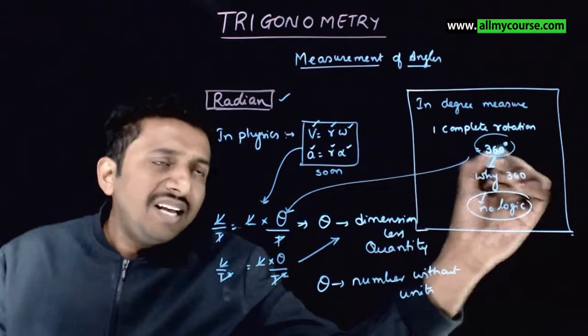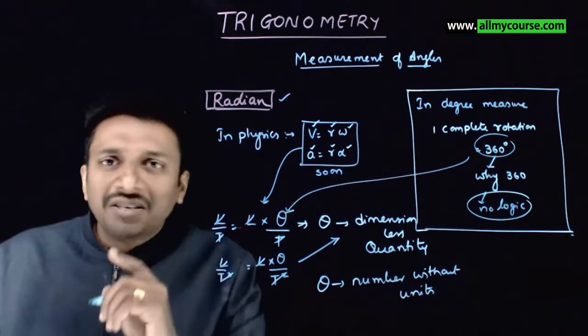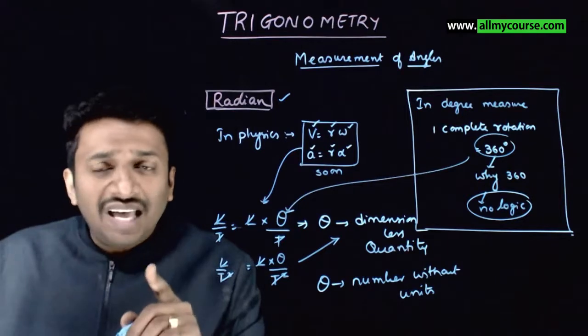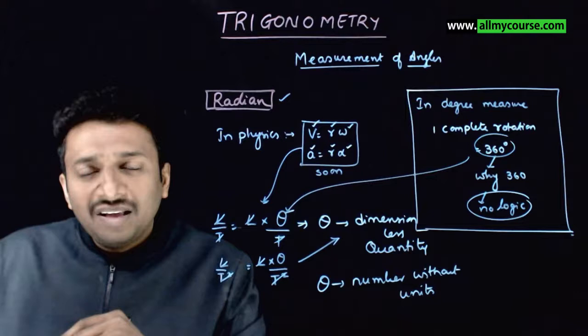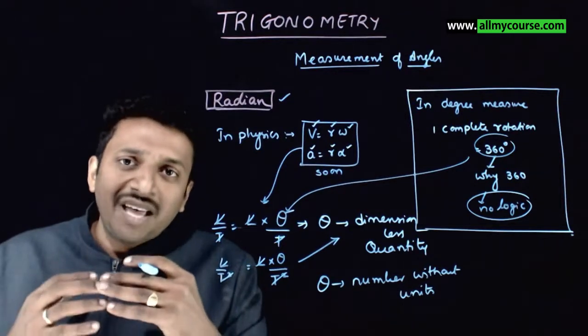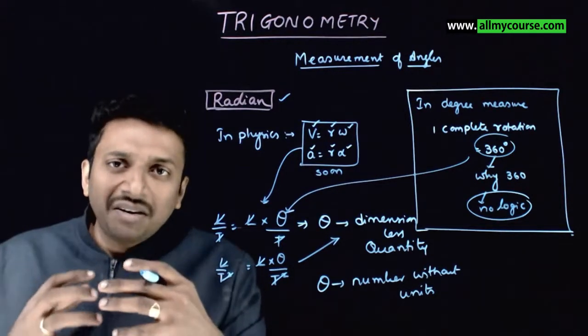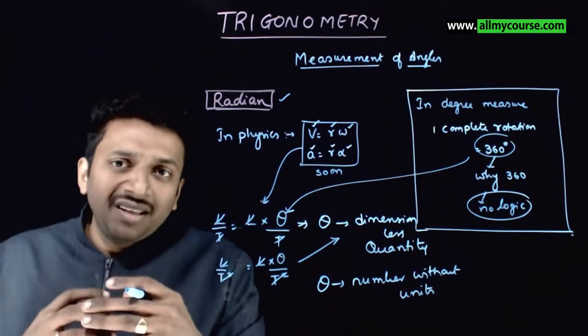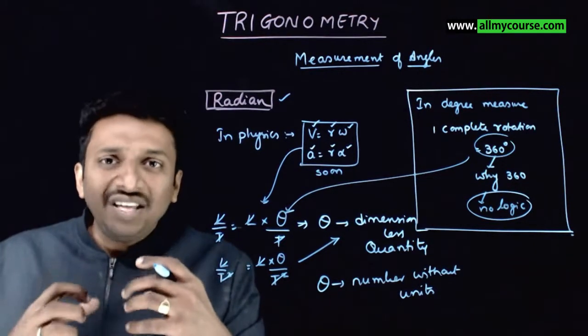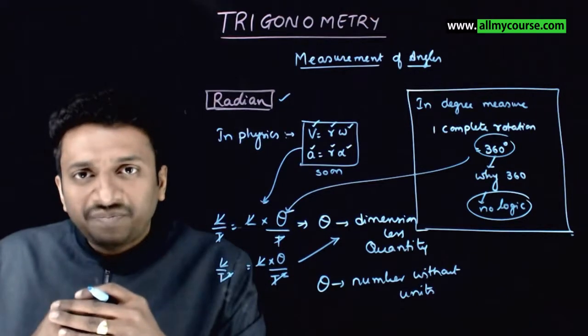So degree measure and grade measure have not been accepted as the SI units for measurement of angle. Scientists and mathematicians started to look for some way of measuring angle where you don't need any units to express the number.